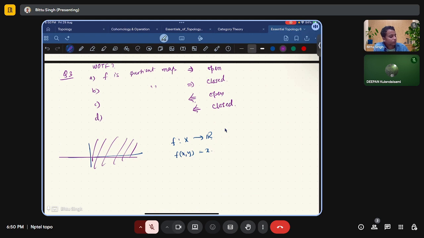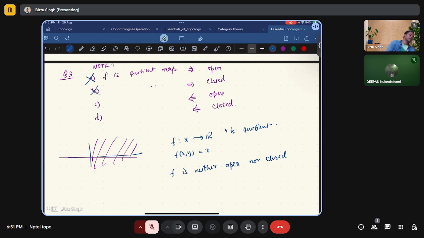You can prove that this is a quotient map. We have already proved this is actually a quotient map. But as in question 1, F is neither open nor closed. So those two are false.